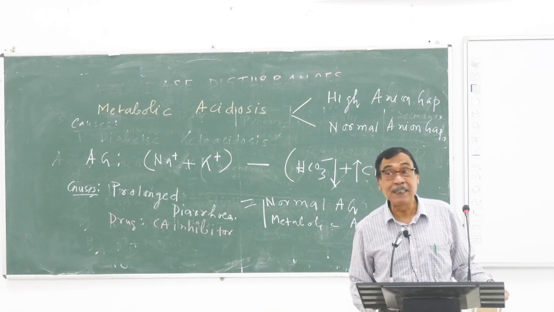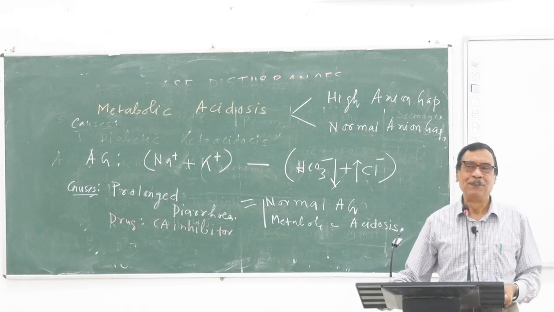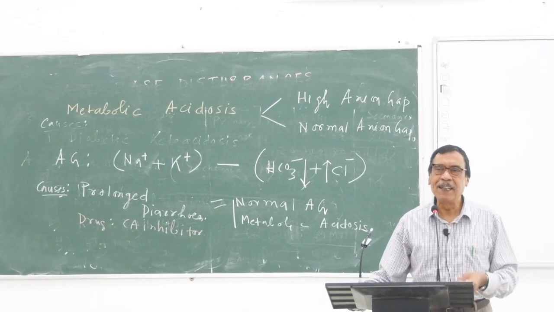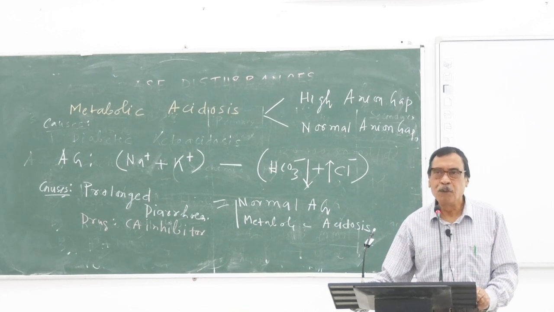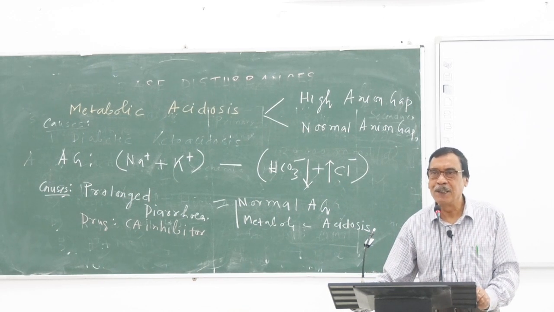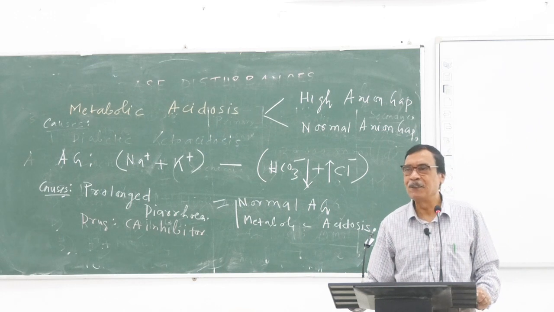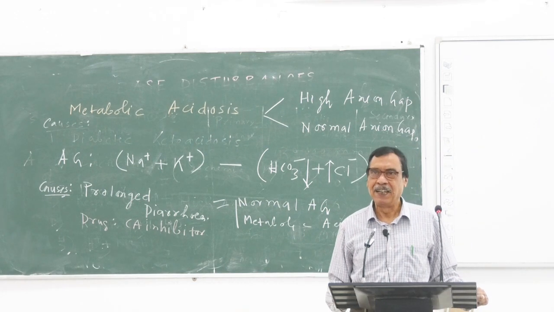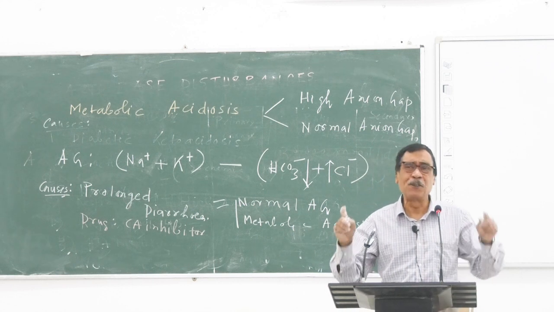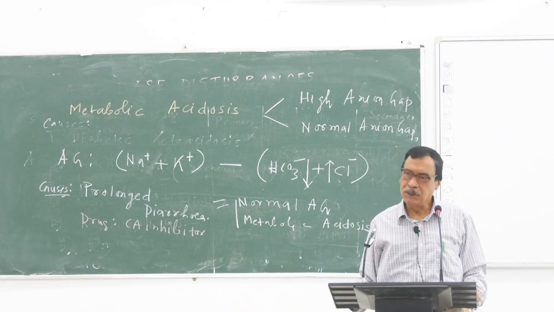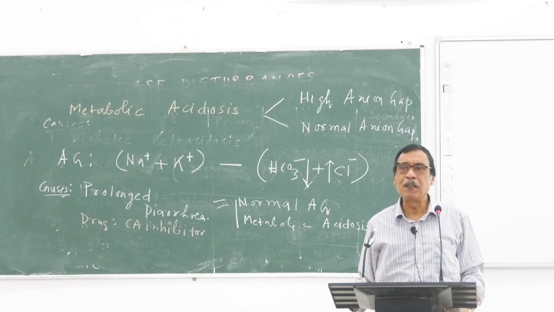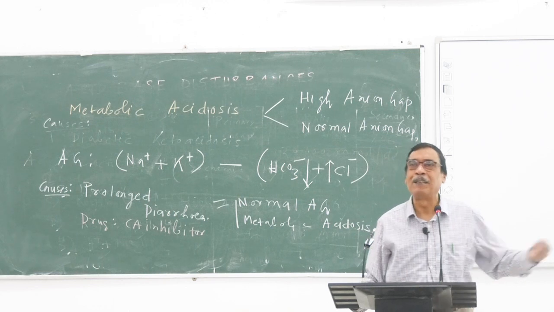It helps in reclamation of the bicarbonate ion. Carbonic anhydrase helps in the reclamation of the bicarbonate ion, reabsorption of the bicarbonate ion. আমি বলেছি বাইকার্বনেট আয়ন অ্যাবজর্পশন হতে গেলে দুটো জিনিস ঠিক থাকতে হবে, একটা হচ্ছে সোডিয়াম হাইড্রোজেন এক্সচেঞ্জ, আর একটা হচ্ছে কার্বনিক অ্যানহাইড্রেস। দুটোর মধ্যে যে কোনো একটা যদি ডিফাংক্ট হয় তাহলে কিন্তু অ্যাসিডোসিস হবে ডিউ টু লস অফ বাইকার্বনেট আয়ন। এই বাইকার্বনেট আয়ন কিন্তু আমি রিভাইভ করতে পারবো না.